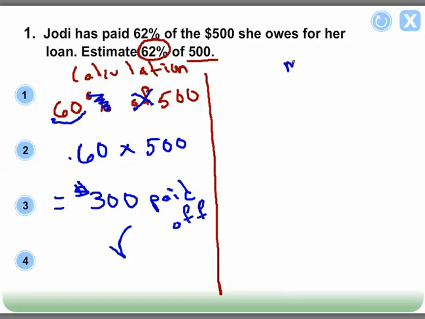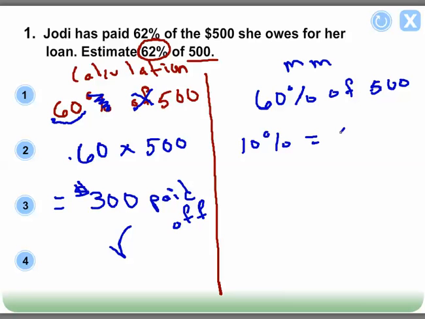Now here's our M&M method. I call it M&M, mental math. So our M&M method works like this. If I'm trying to find 60% of 500, here's what I do. I know that 10% of 500 is $50. 10% is $50 because we move our decimal over one spot.